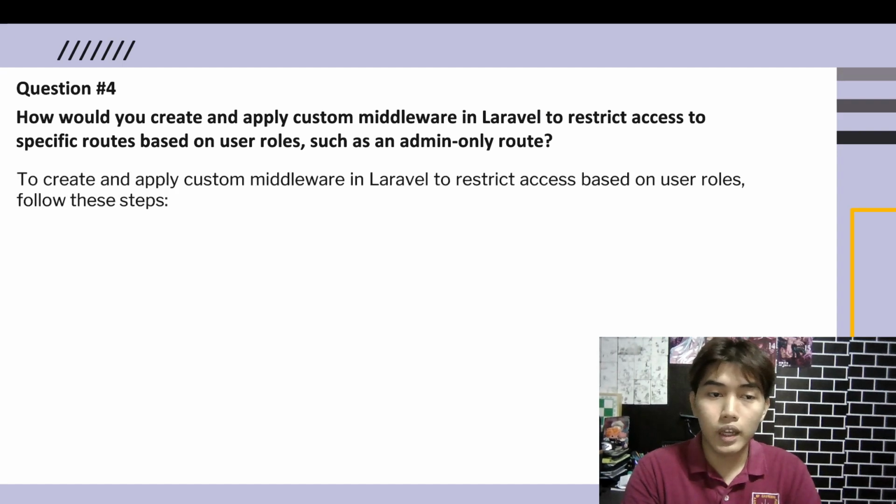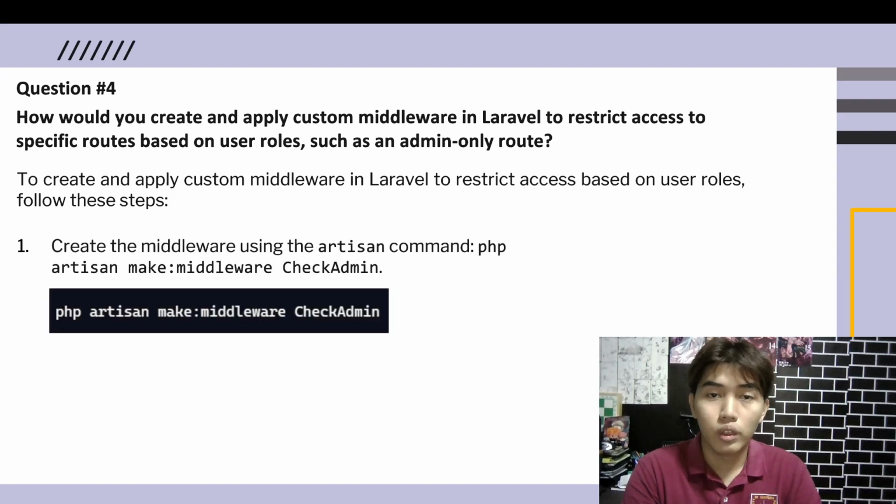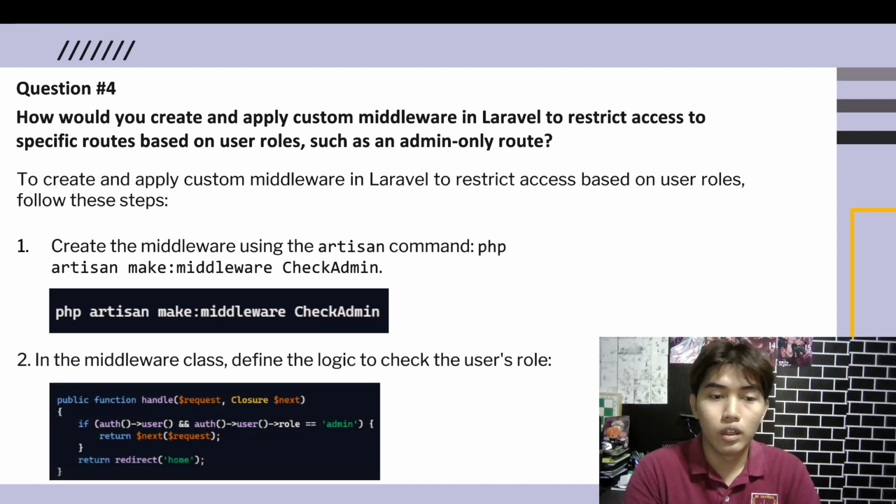To create and apply custom middleware in Laravel to restrict access based on user roles, we must follow these steps. The first step is to create the middleware using the artisan command php artisan make:middleware CheckAdmin. Second step, in the middleware class, define the logic to check the user's role.